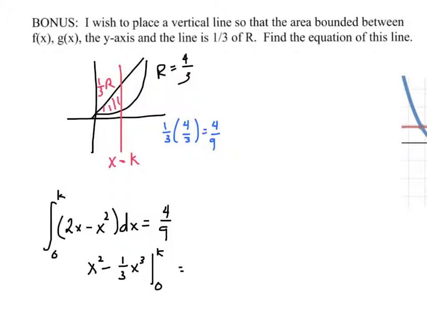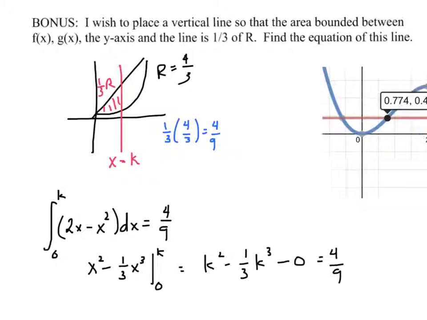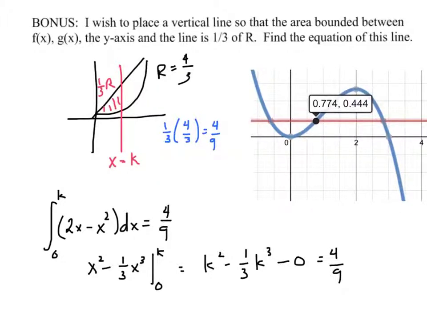Plug in k, k squared minus 1/3 k cubed. I plug in 0, I get 0, and that needs to be 4/9. You have some strategies to solving this, but I actually graphed it. The blue is k squared minus 1/3 k cubed, and I graphed the line 4/9, and you can see the intersection point here. K needs to be 0.774.